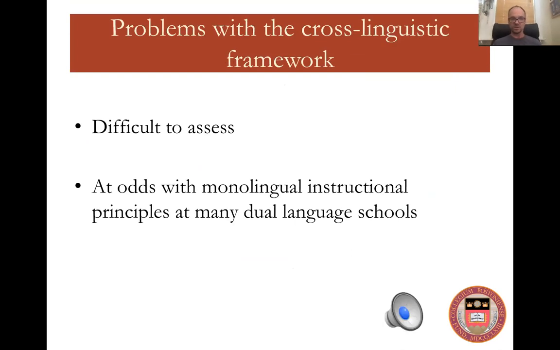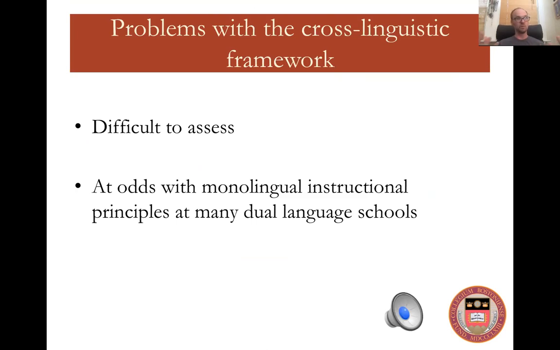Problems: they're difficult to assess. It's very challenging to use the translation assignments, and it's very difficult to score them. So how do you know when it's good? You know when it's good. It's hard to know the nuances of quality, however. And this perspective is at odds with the monolingual instructional principles at many dual language schools.